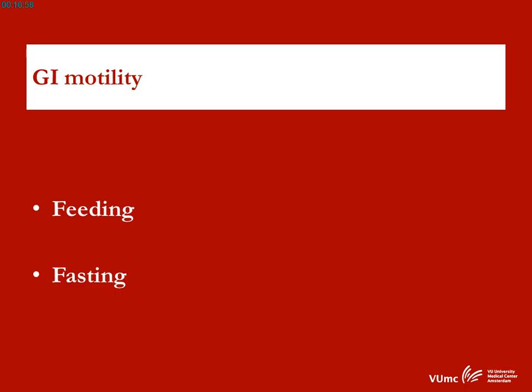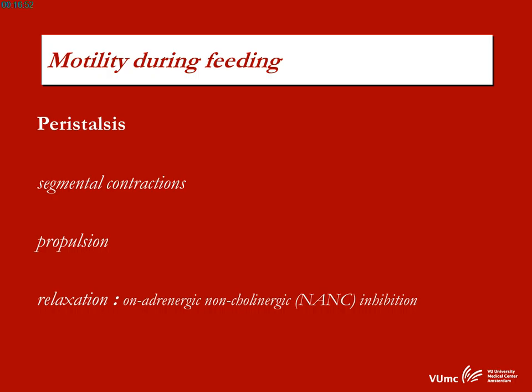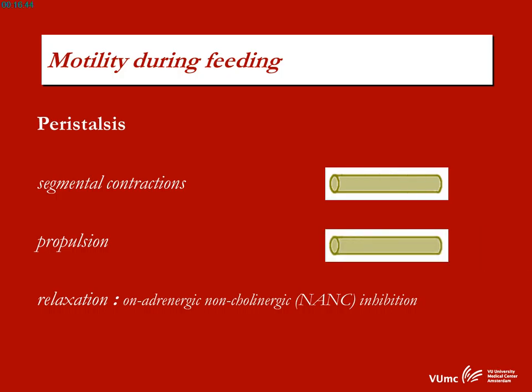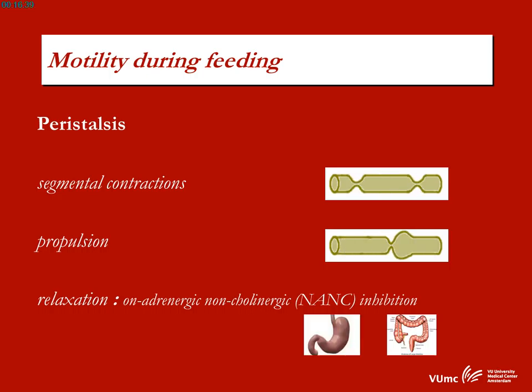If we look at motility, there is feeding motility and fasting motility. Peristalsis is the motility during feeding, and we see segmental contractions and propulsion, but also relaxation, and relaxation is especially important for the stomach and the colon, which have a reservoir function.